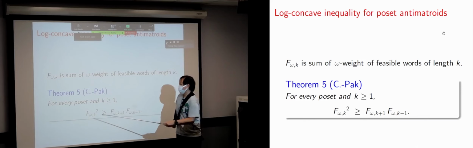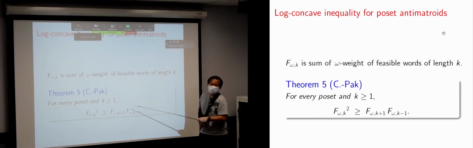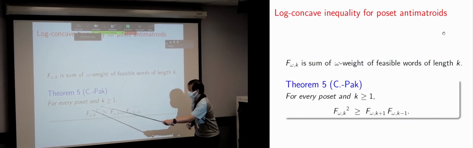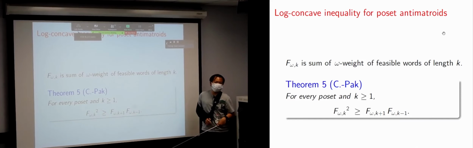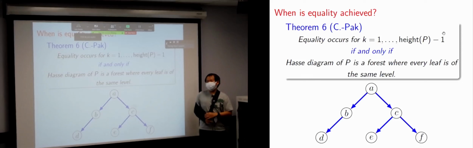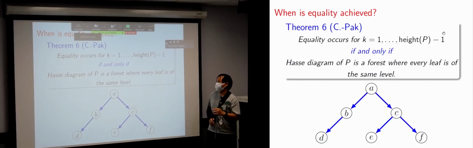Then it turns out that this sequence f_omega(k), when omega is fixed and k goes from 1 up to n, is indeed log-concave, as you might have expected, because today's talk is all about log-concavity. And we also have a way to characterize the equality.